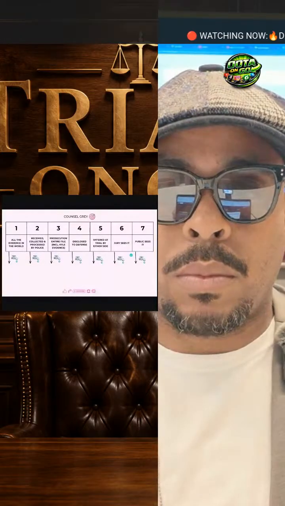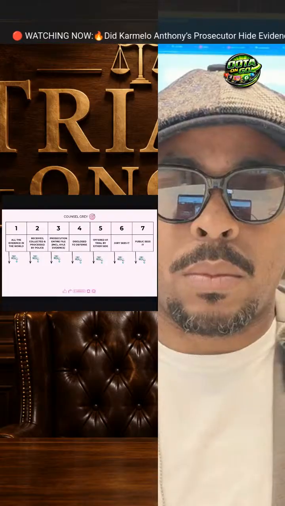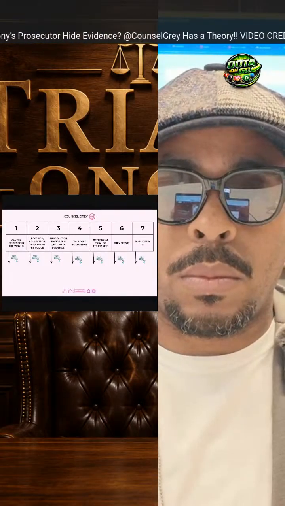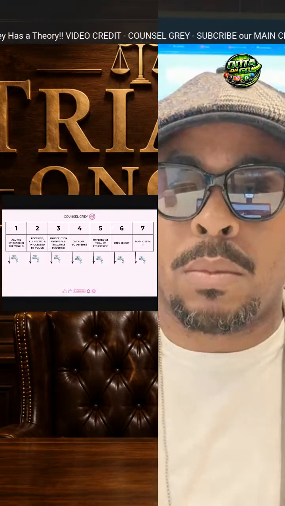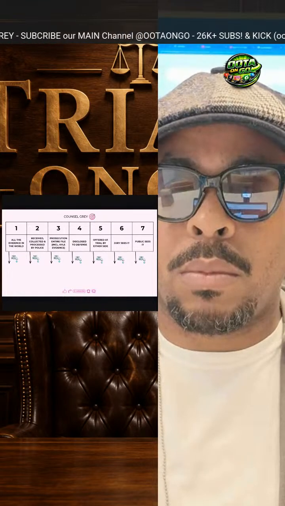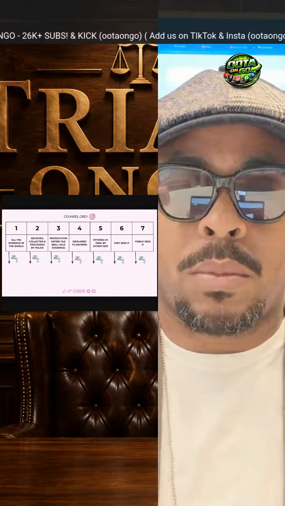So here are the 7 places where evidence moves along the channel, okay? So the first phase of evidence is all the evidence in the world. Everything that exists that could or could not bear on this case.